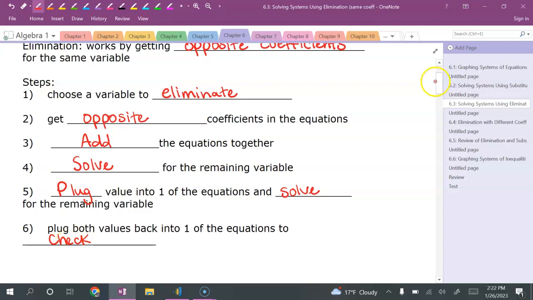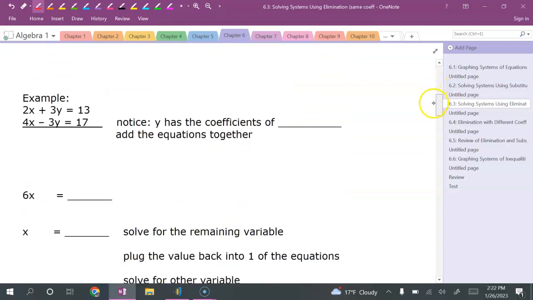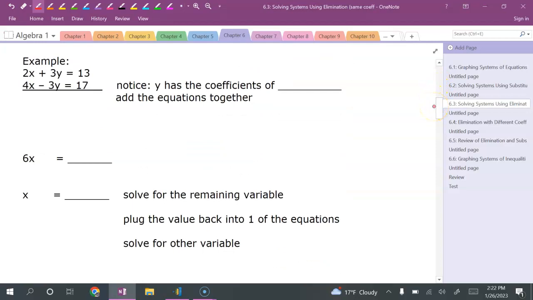So let's take a look at this first example here. I have 2x plus 3y equals 13, and I have 4x minus 3y equals 17. I want you to notice the y coefficients, the ones I just highlighted there. Y has coefficients of 3 and negative 3.